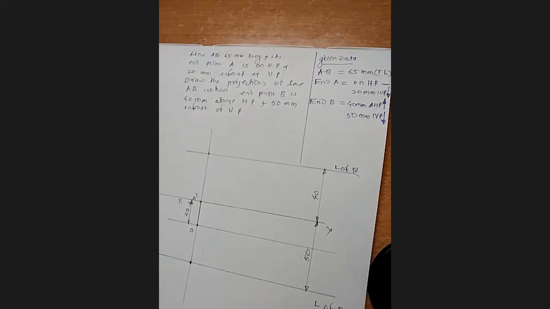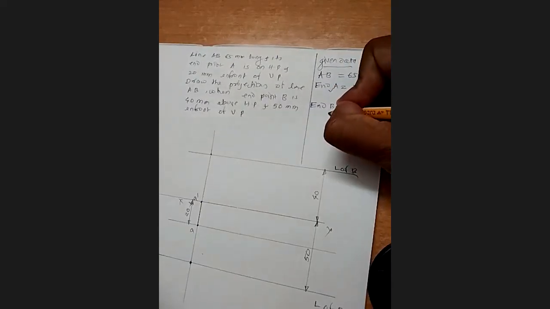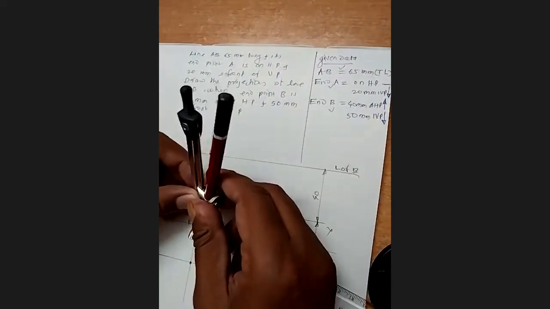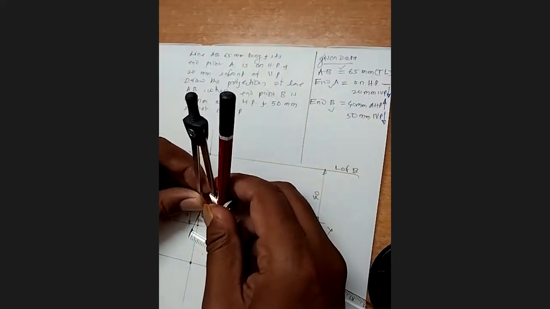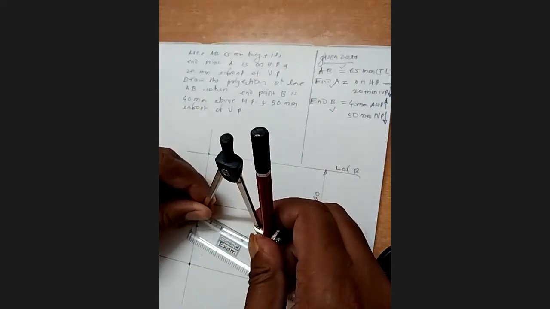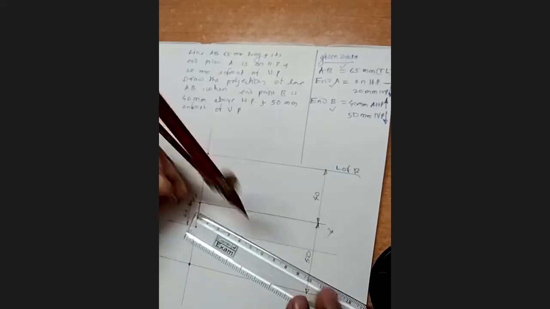Okay. Now what is given to you? One more thing. This endpoint condition for B we have already consumed. Now this is the third information which we are supposed to use. Now I will take 65 millimeter distance in the compass.